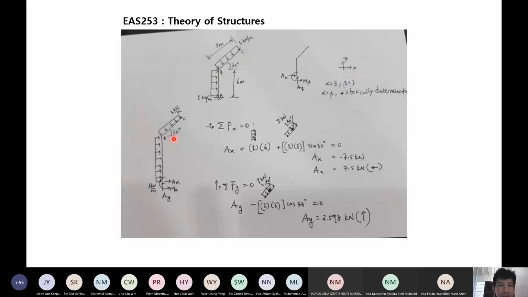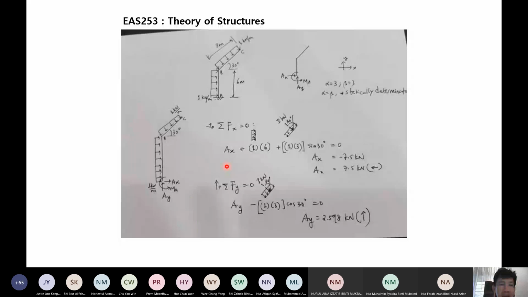So AY, AX, MA. So remember, this is one of the important things that you need to take note, how many reactions at the support, depending on the type of support. So now we start with summation of forces in X directions in order to find AX.